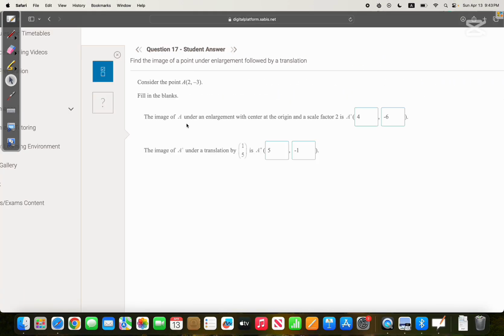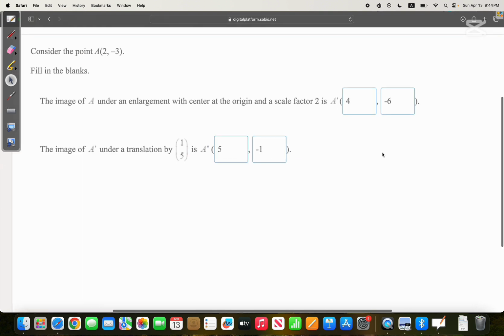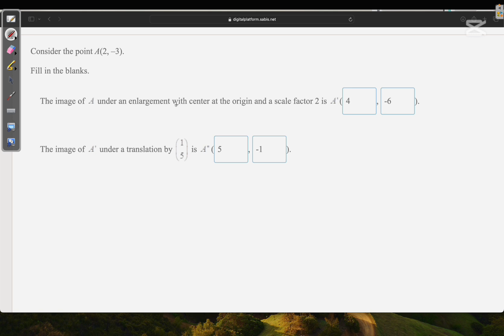Number 17. The image of A under an enlargement with center at the origin and the scale factor of 2 is... Okay, so first, to find the answer of part A, we're gonna have to multiply both the x and y of A by 2.